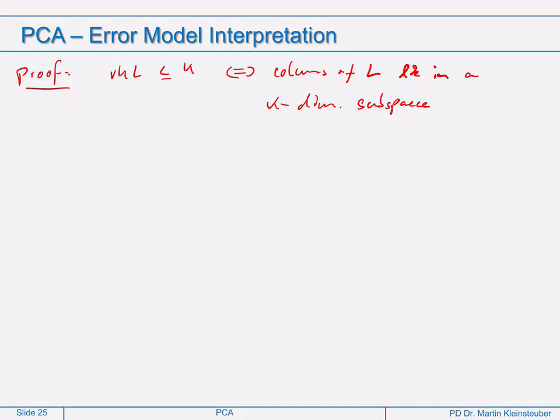And then we observe the following. We have the norm here of xi minus Li, the squared norm here.